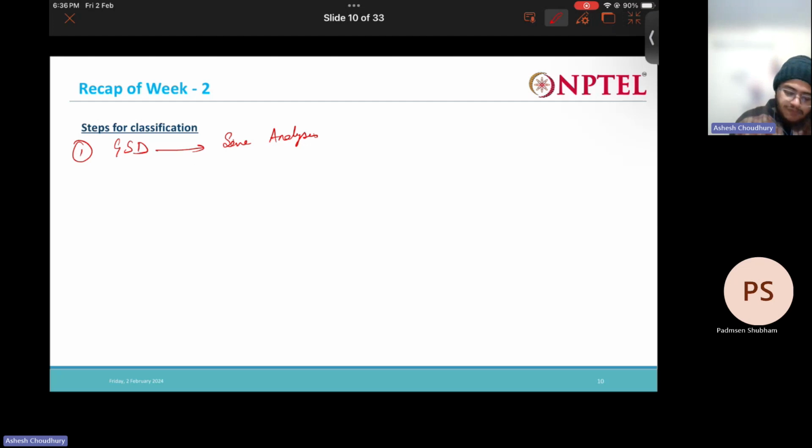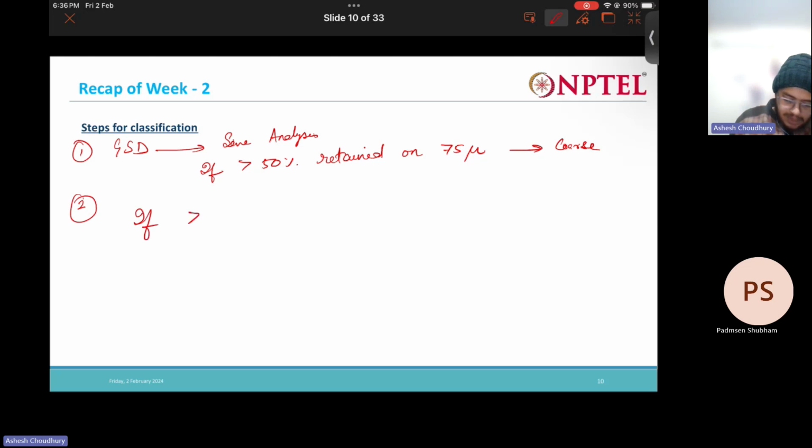Now, from the sieve analysis, if more than 50% is retained on 75 micron, then it is coarse soil.